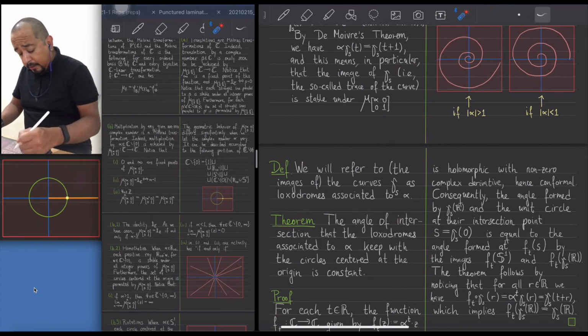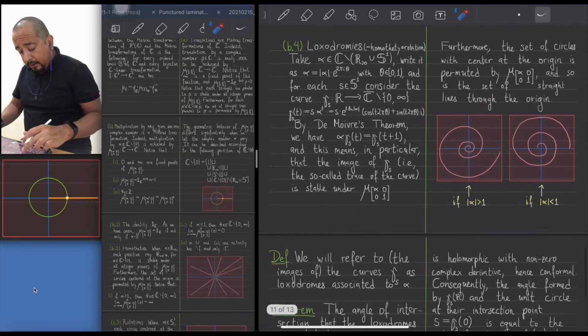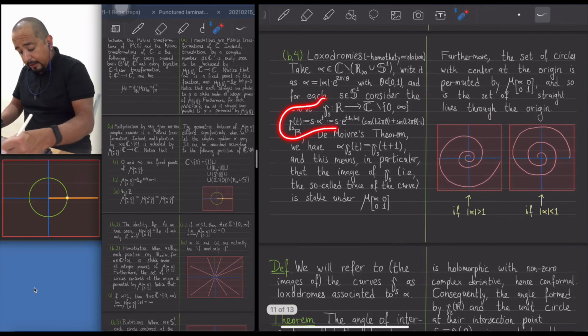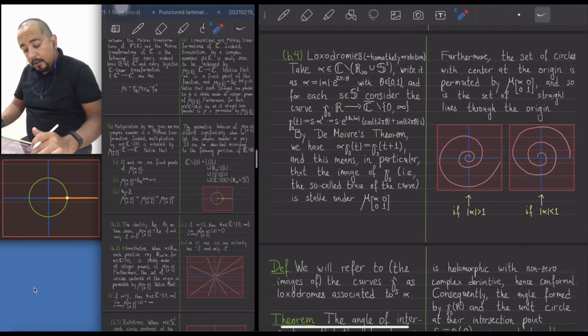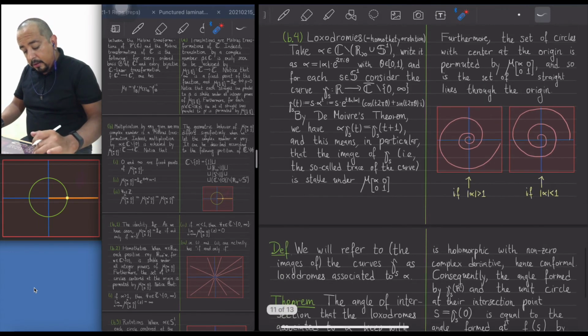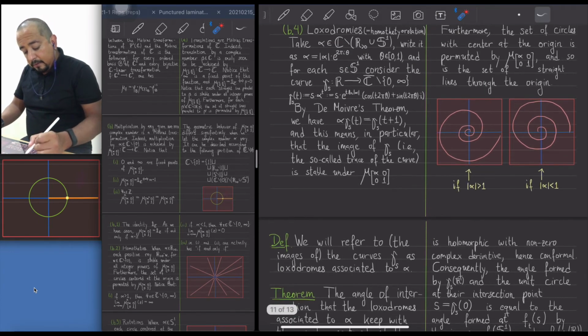But it is important that the family of curves depends on alpha, right? Each curve in its definition depends essentially on alpha. And actually, having a large norm means somehow that this opens very quickly.